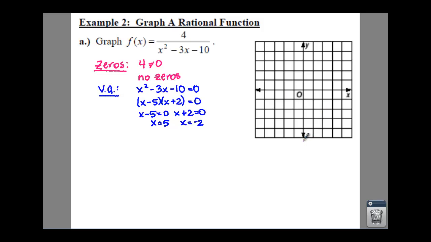Let's go purple: 0, 2, 4, 6, 8, 10, negative 2, negative 4, negative 6, negative 8, and negative 10. If we go over and put x equals 5, draw in your vertical asymptote here in the middle. And if you go to negative 2, here's your vertical asymptote for this graph.